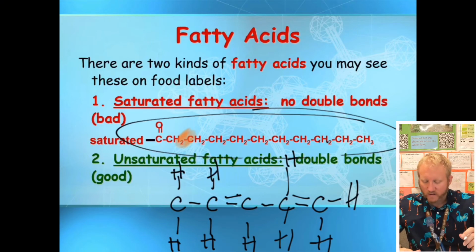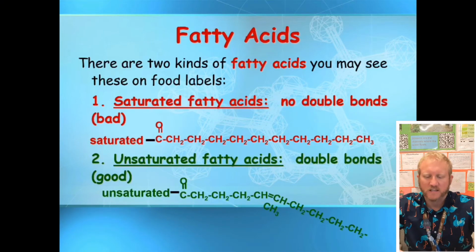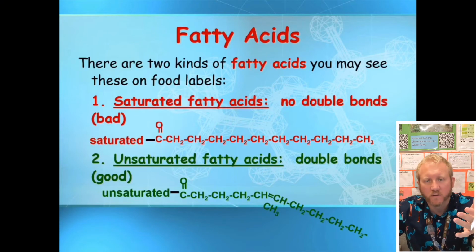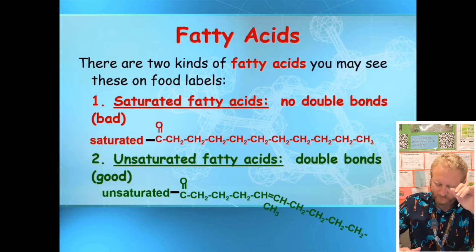What we end up with, here I'll show you a picture, is something with kinks in it. You can have monounsaturated, you can have polyunsaturated. That just means it's got a lot of these bonds. And these are the ones that are better for you. Saturated fatty acids are going to be like your animal fats and lard. Your unsaturated fatty acids are going to be your vegetable oils, peanut oil, canola oil, that sort of thing.